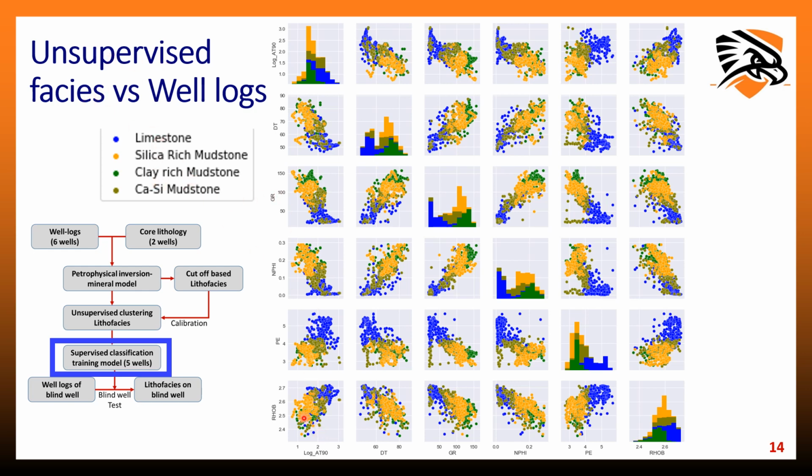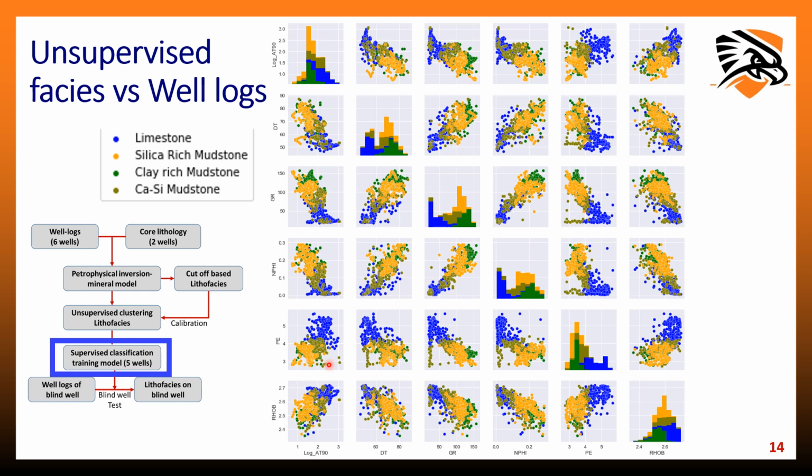So now we cannot see any kind of big separation between different lithofacies on any of these two pairs of the well logs. So we cannot use just two well logs to separate out different lithofacies.